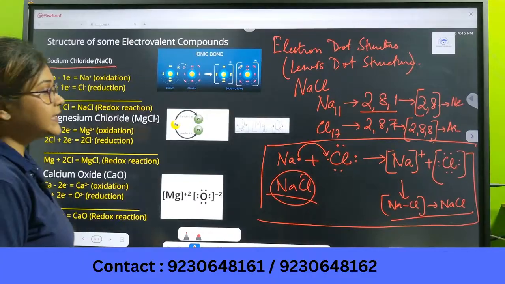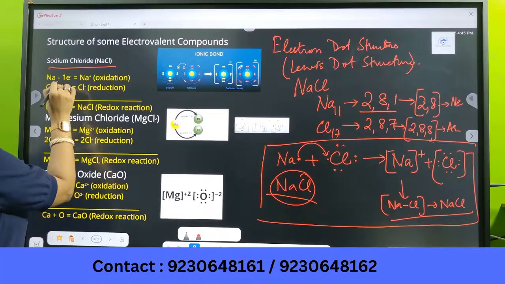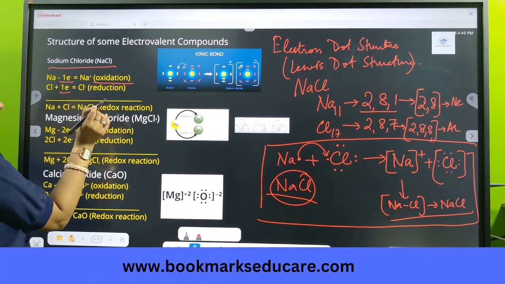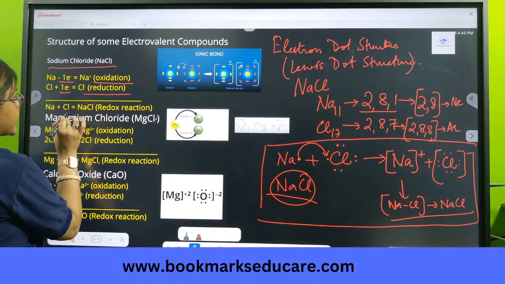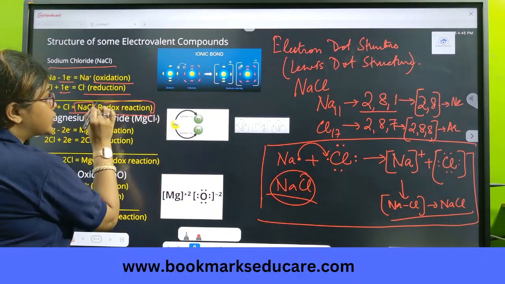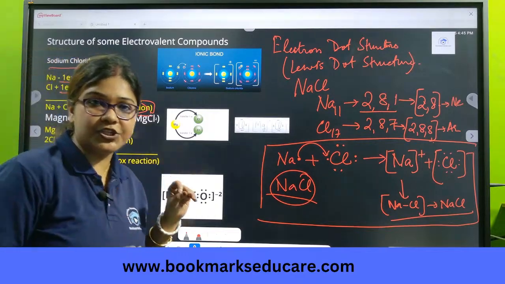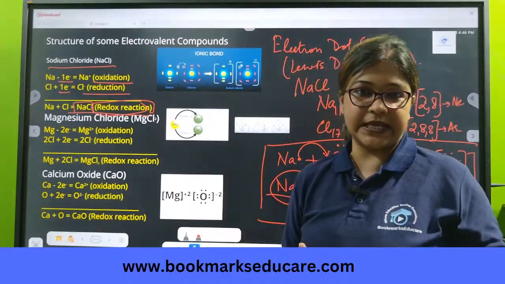Okay? Is it clear? Now, you see here, because sodium is losing an electron, this is the oxidation process, and chlorine is gaining an electron, this is the reduction process. So the formation of NaCl is nothing but a redox reaction. Redox reaction is a reaction where oxidation and reduction take place simultaneously.